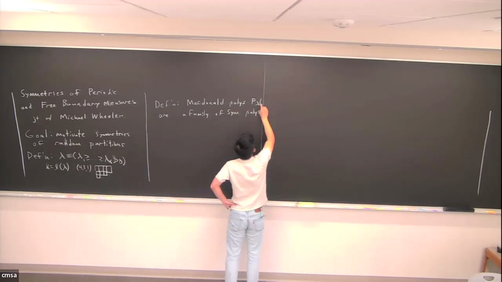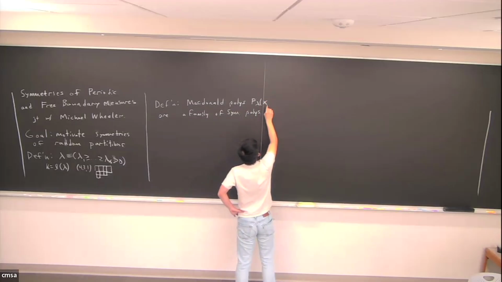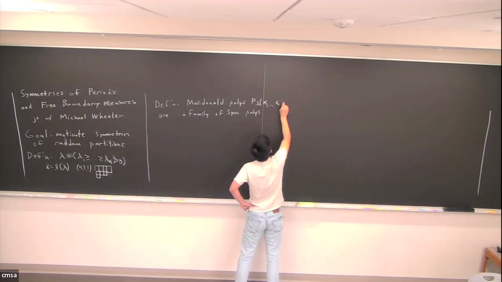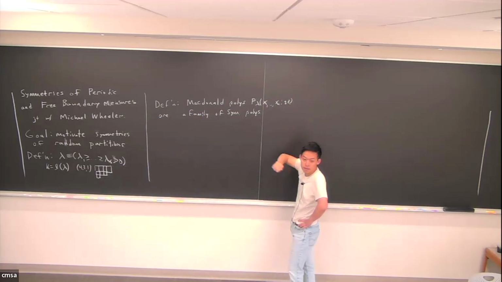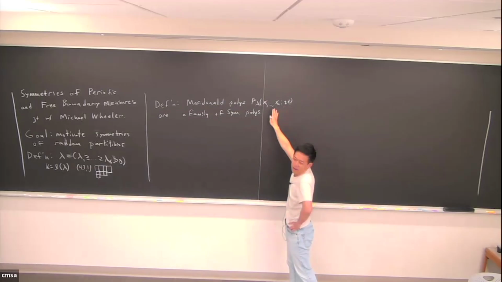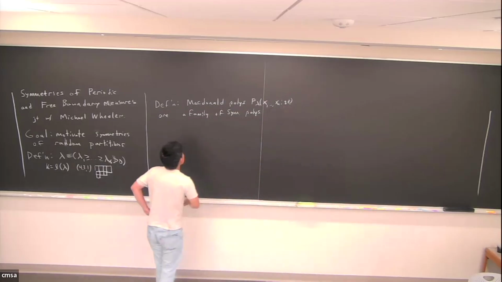P lambda of x1 up to xn, q, t. They depend on 2 parameters q and t and n variables x1 up to xn. And from now on, I'll just write x.